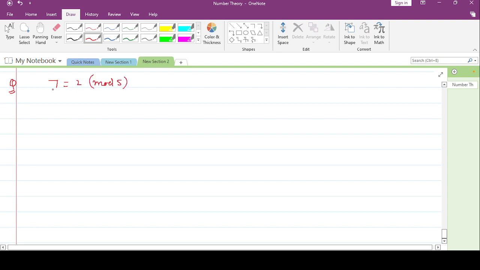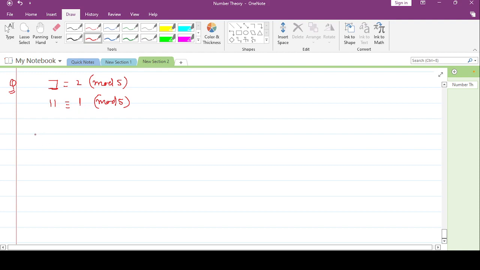By that we mean that when we divide 7 by 5, the remainder is 2. There is no doubt in this. Now 11 is congruent to 1 modulo 5. It is also perfectly fine, when 11 is divided by 5, the remainder is 1.